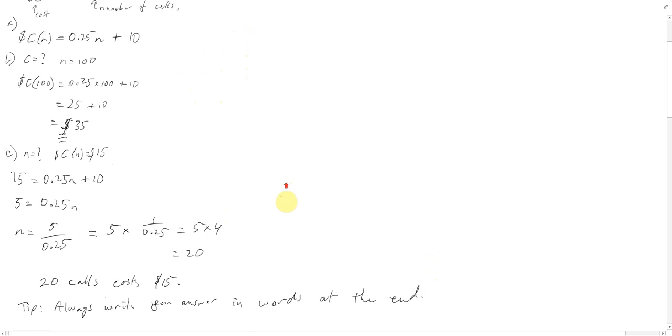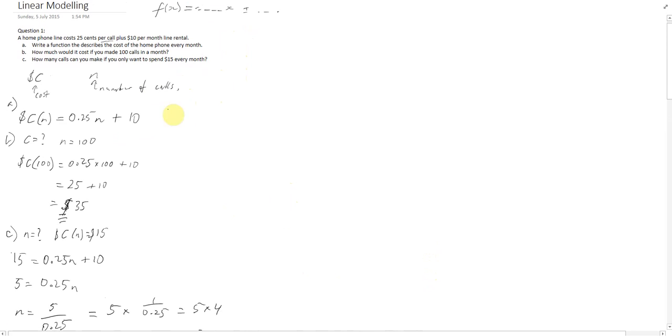That's that whole question. Now, the hard bit is to interpret. The hardest bit is interpreting these questions in terms of what they want you to do in maths language. So like part A, you had to know that it was going to be C of n equals something n plus something. Once you had that, it's pretty easy.